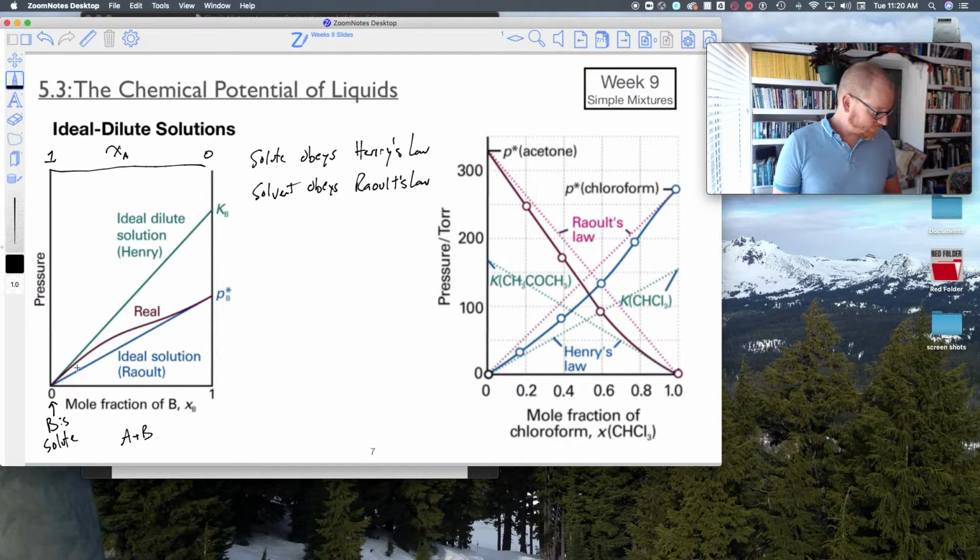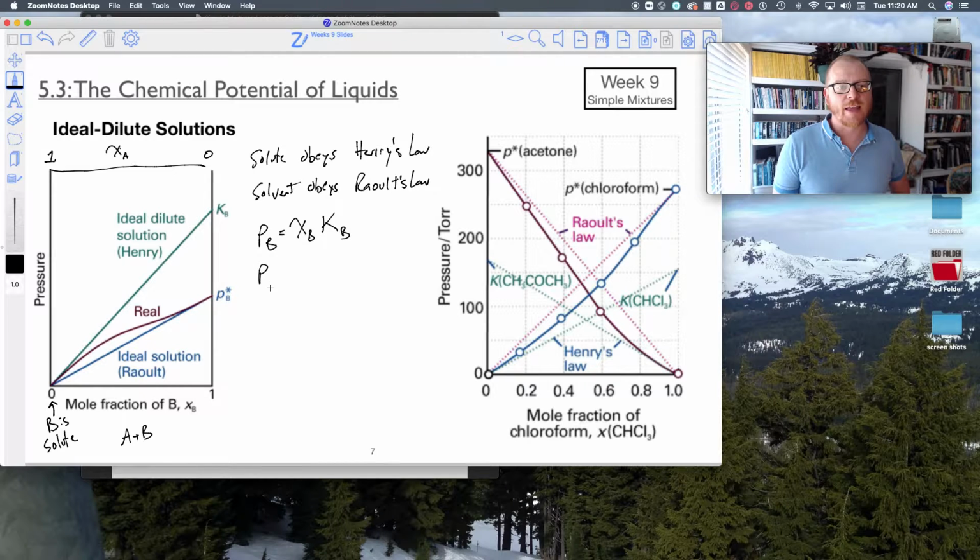Okay? So Henry's law is just very simple. It's just PB equals chi B times the Henry's law coefficient, KB. So it's just a simple equation, okay? But now if we follow this, so this is B as the solute.